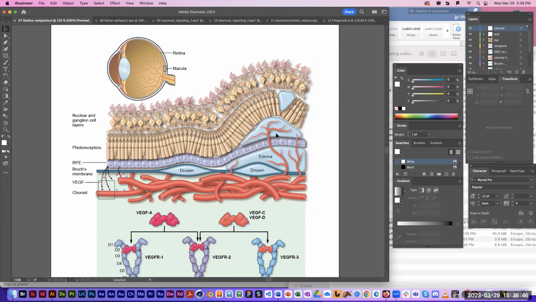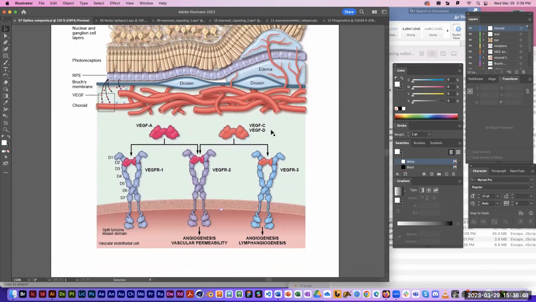So the drug that this company was developing is a VEGF antagonist. It's a molecule that's designed to bind. I forget if it binds to all of these VEGF receptors or if it's selective for just one or two of the VEGF receptors. But if you look at the structure of these VEGF receptors, down here you get a little clue to the name or the kind of receptor they are.